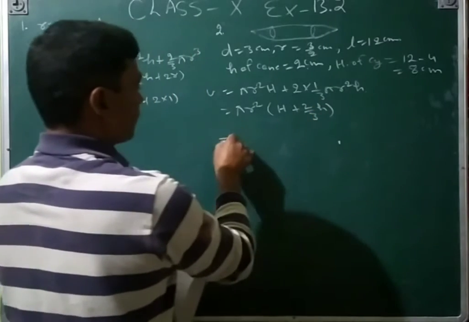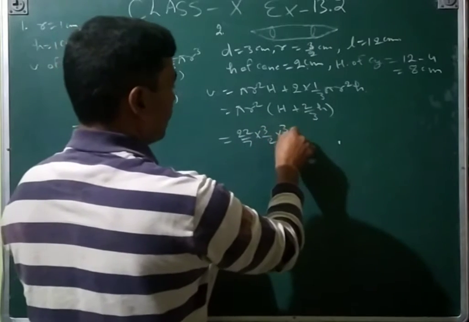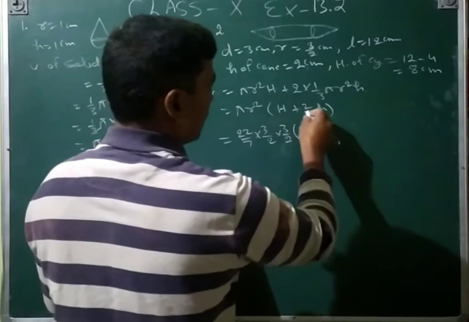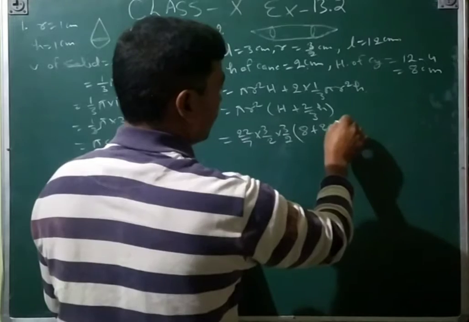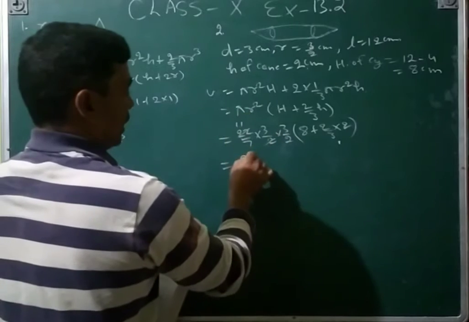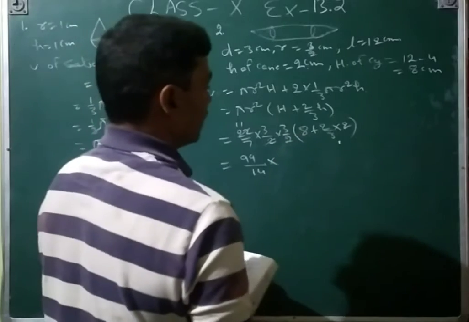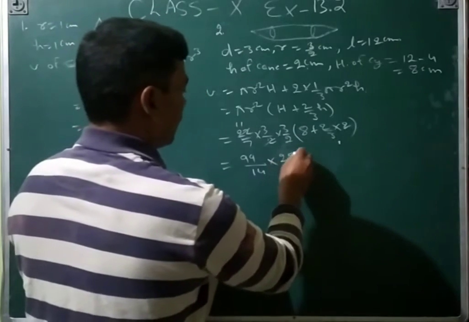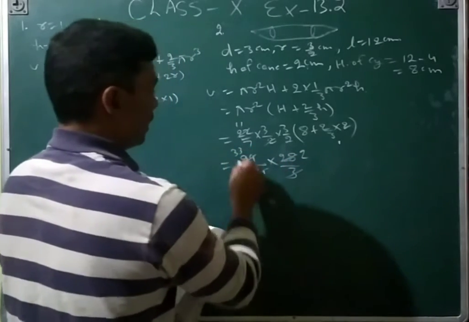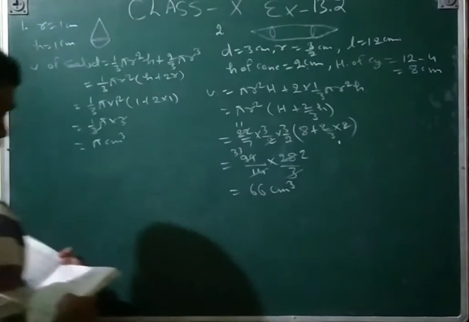That is 22 upon 7 into 3 upon 2 into 3 upon 2, that is the value of r, into 8 plus 2 upon 3 into 2. Simplifying, that will be 66 centimeter cube.